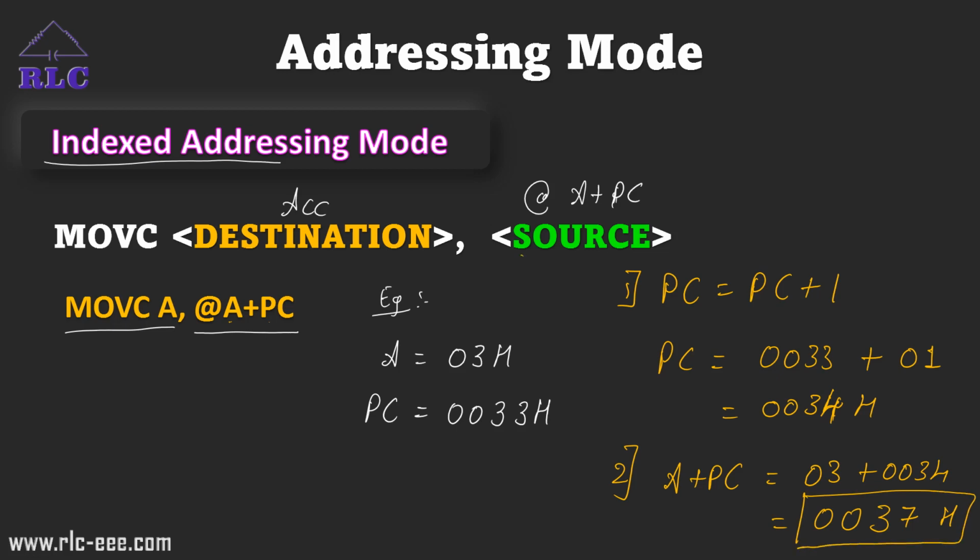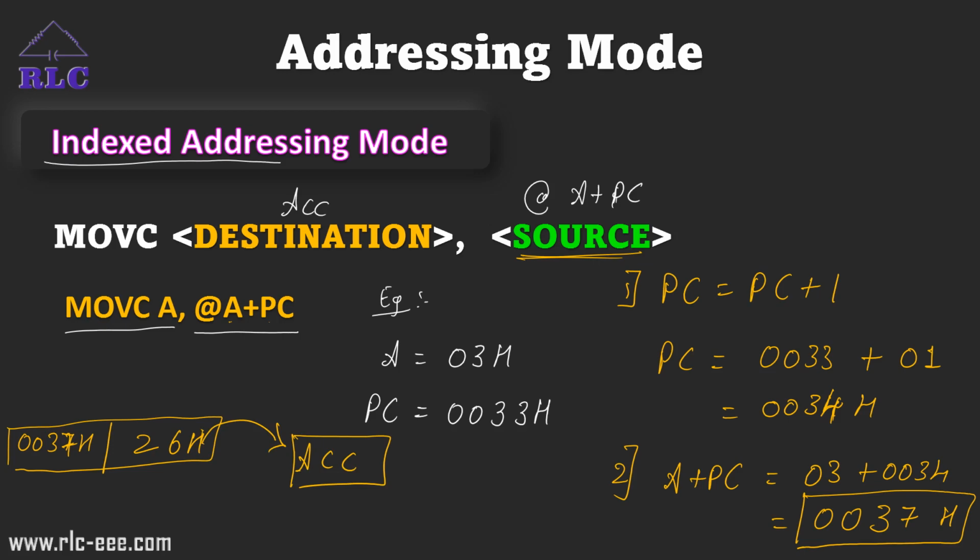That means the source address will be 0037H. Then whatever is present in the 0037H memory location, say we have something like 26H, this value will be transferred to accumulator.